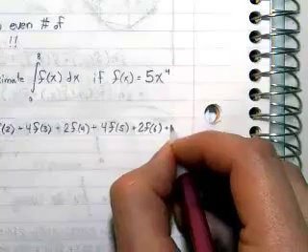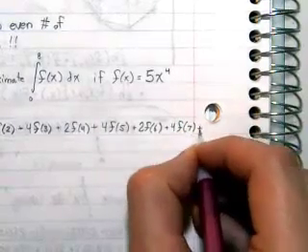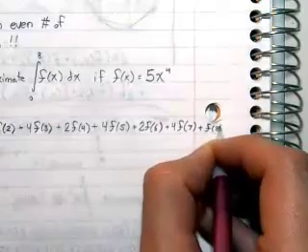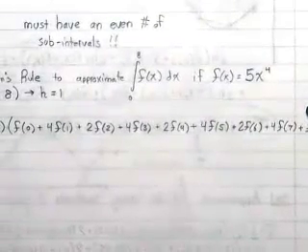See how my pattern's going to work out nicely for me now? 4 f of 7, plus f of 8. Okay, so I like that.